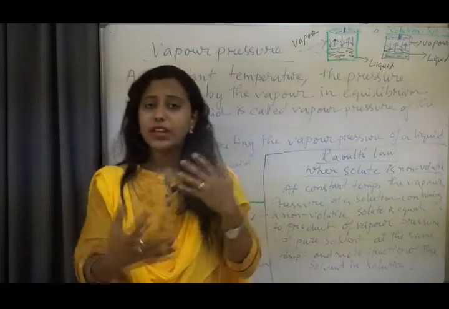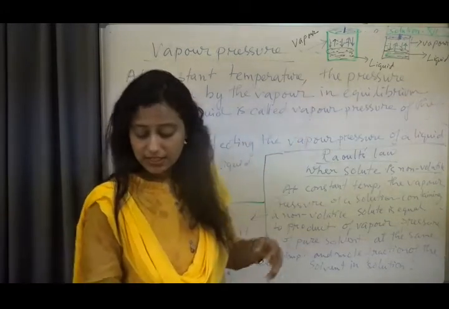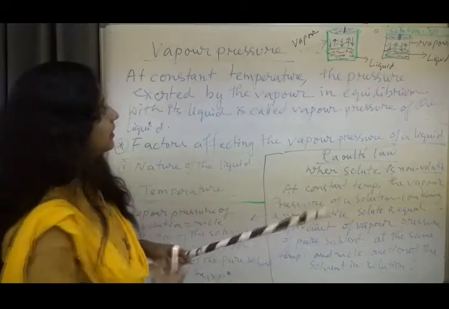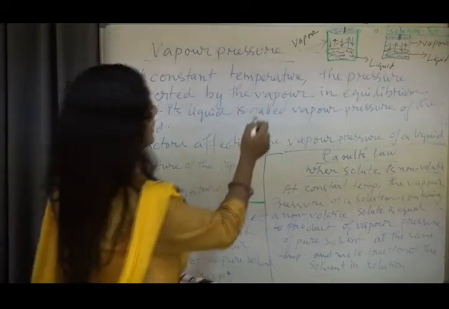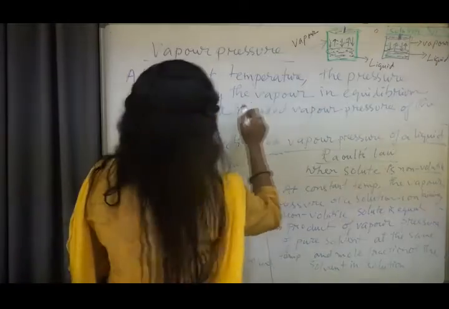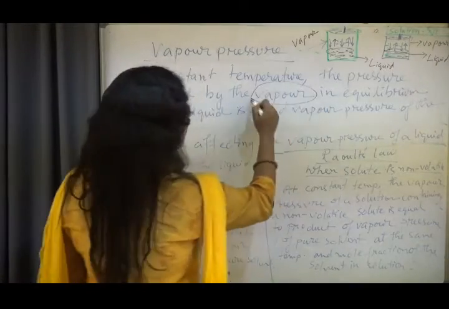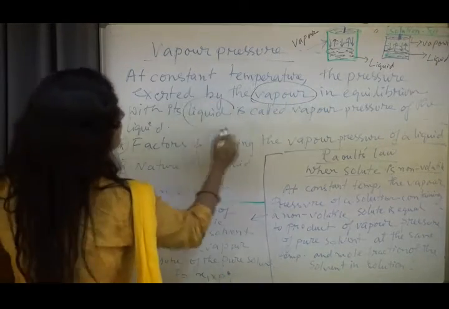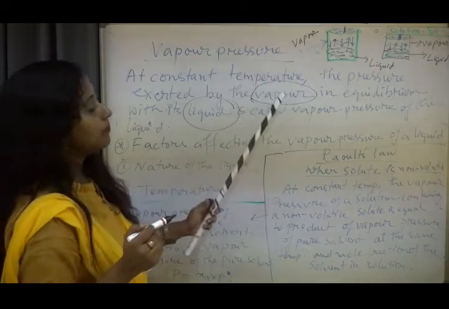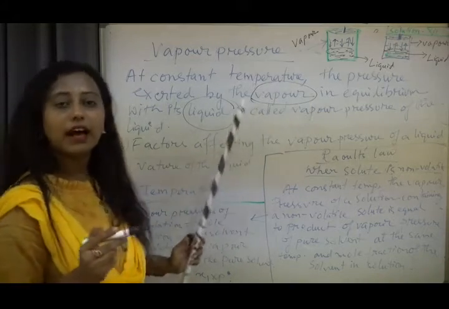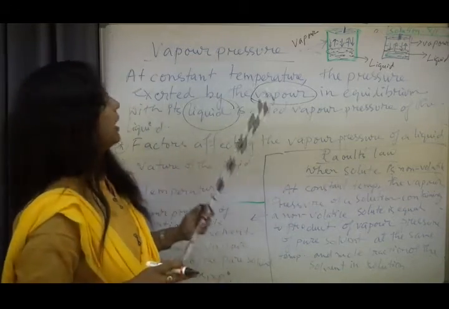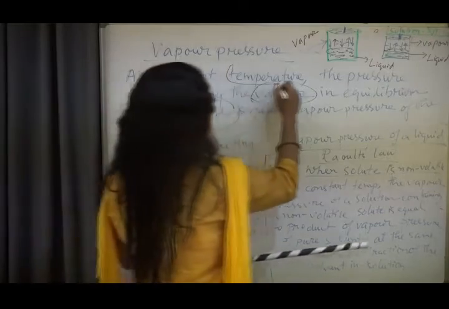So between which two substances is the equilibrium maintained? The equilibrium is maintained between the vapor and the liquid, at constant temperature.